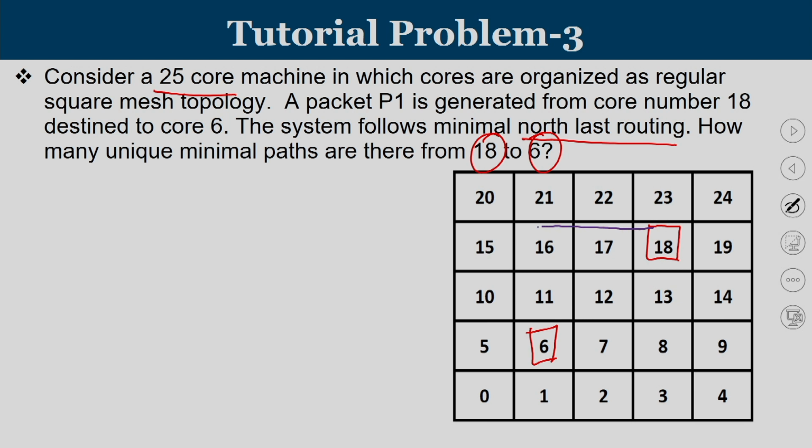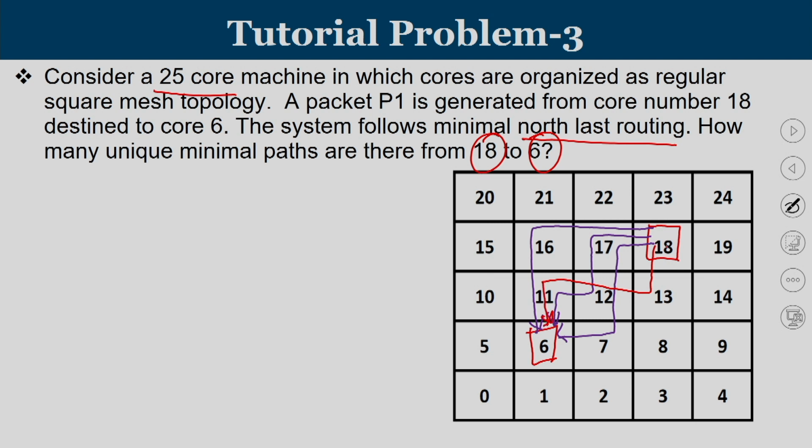The first path is 18, 17, 16, 11 and 6, that is path number 1. The second path can be 18, 17, 12, 11, 6, that is path number 2. The third path can be 18, 17, 12, 7 and 6. Now, the fourth path, let us say we use a different color to represent, from 18 you go to 13, then to 12, then to 11 and then you come to 6.